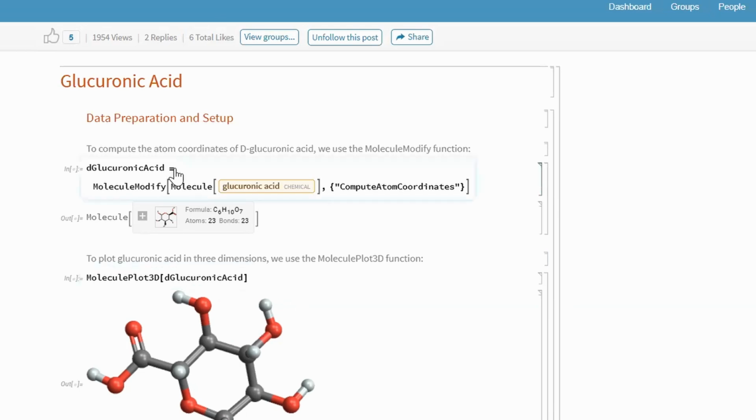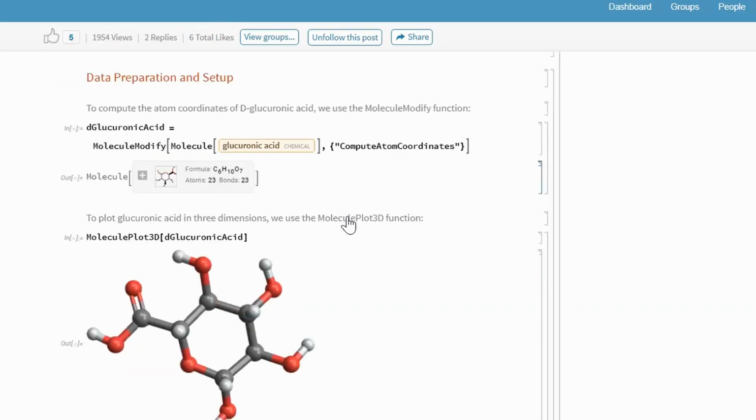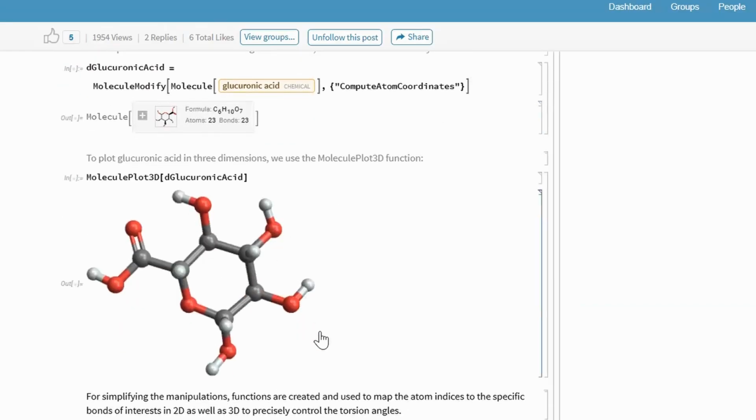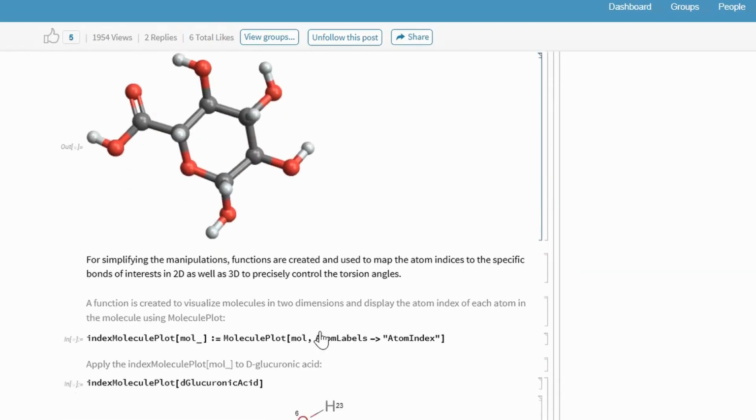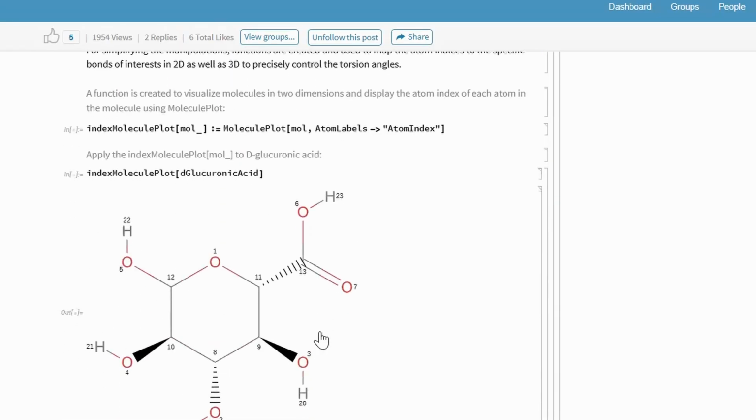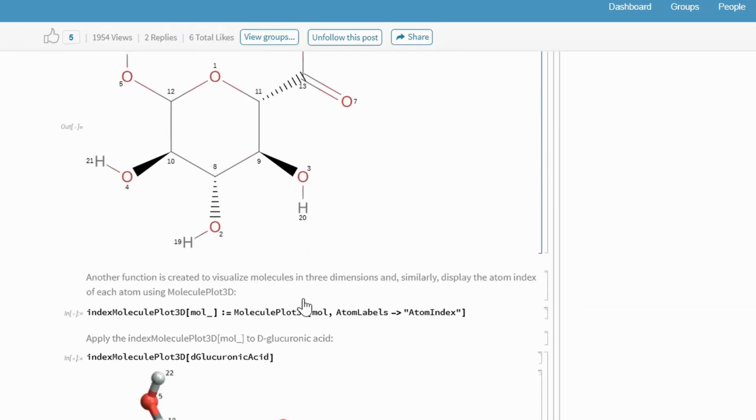So over here we're just using Molecule Modify. We're computing the atom coordinates and generating the molecule, and then here's the 3D plot of glucuronic acid. And this is a 2D plot with indices which are used later on.